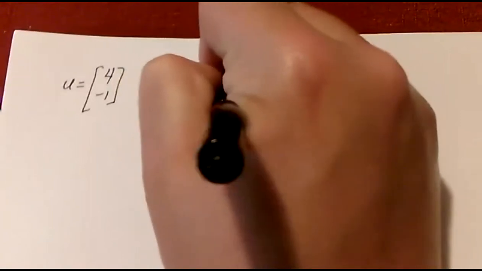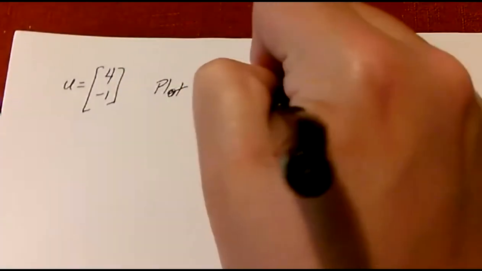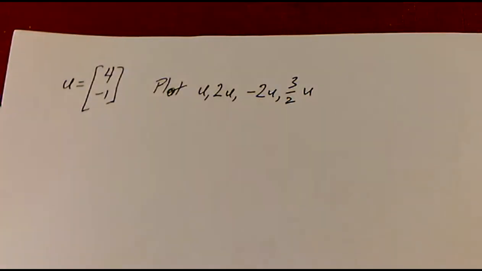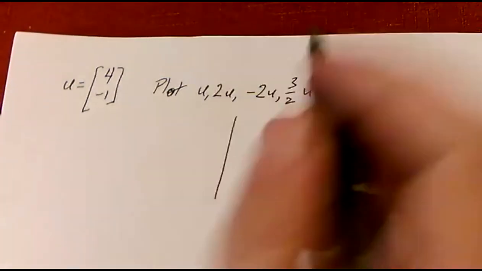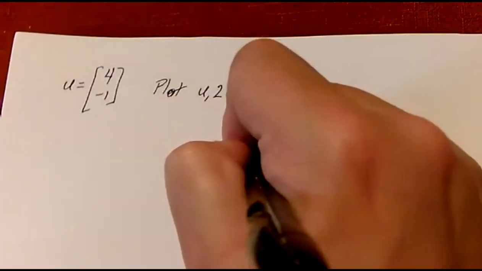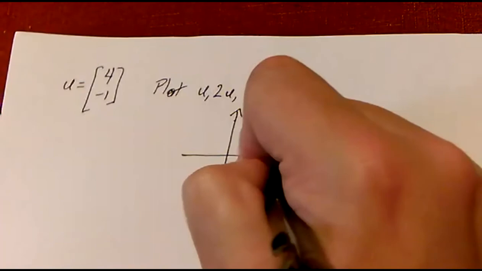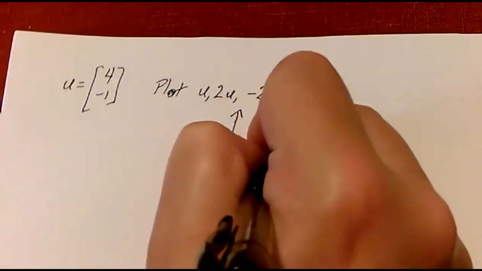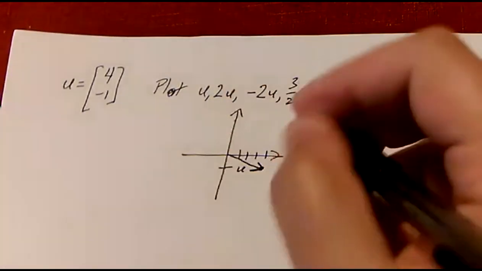Our task is going to be to plot u, 2u, -2u, and 3/2 u. So draw a little coordinate plane here. My coordinate (4, -1) gets me that point. So I have u, that's u.